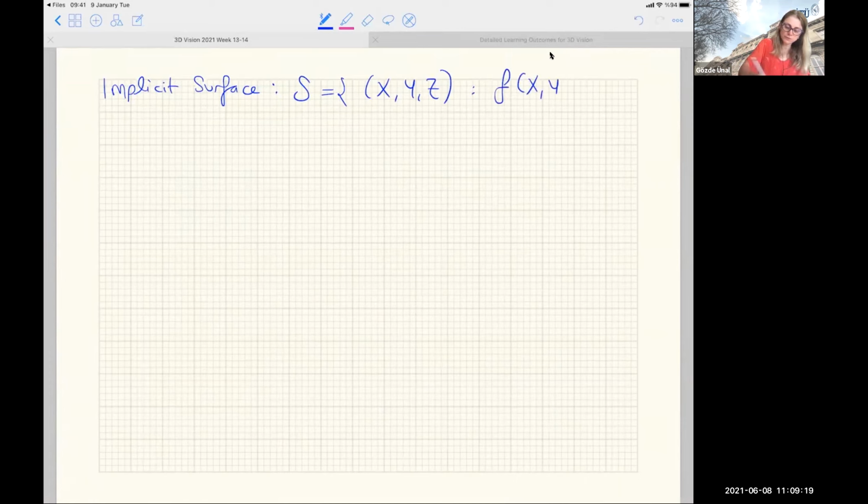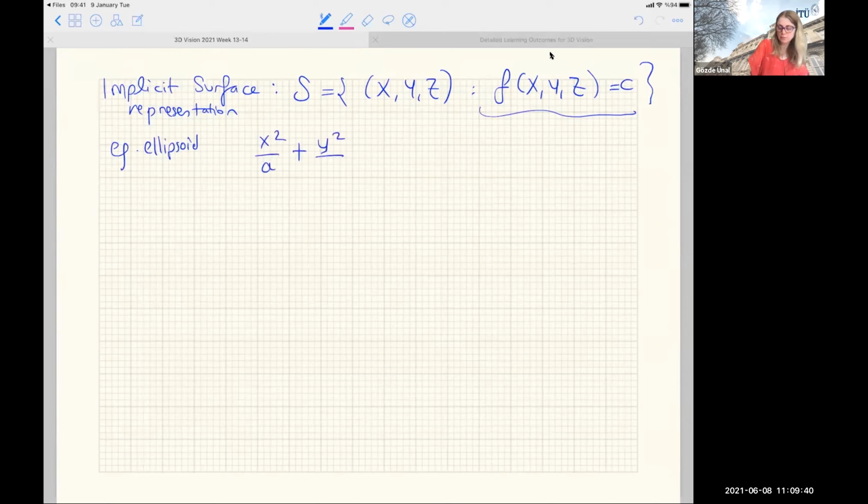This is an implicit surface representation, but you can always bring it to a parameterized surface. For an ellipsoid, that f(x, y, z) equals c is x squared over a squared plus y squared over b squared plus z squared over c squared equals 1.